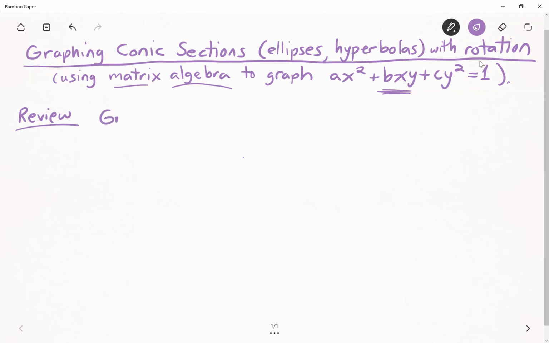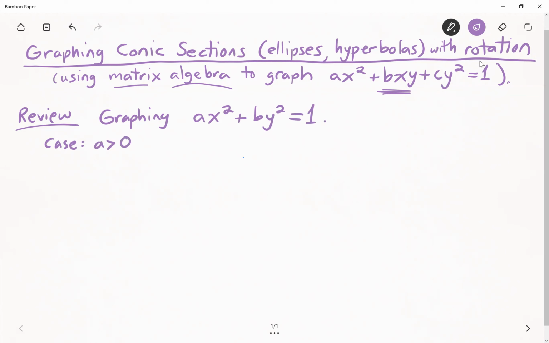So first, we'd like to talk about graphing a function of the form ax squared plus by squared is equal to 1. And specifically, we're going to be interested, at least first, in the case where both a and b are positive.